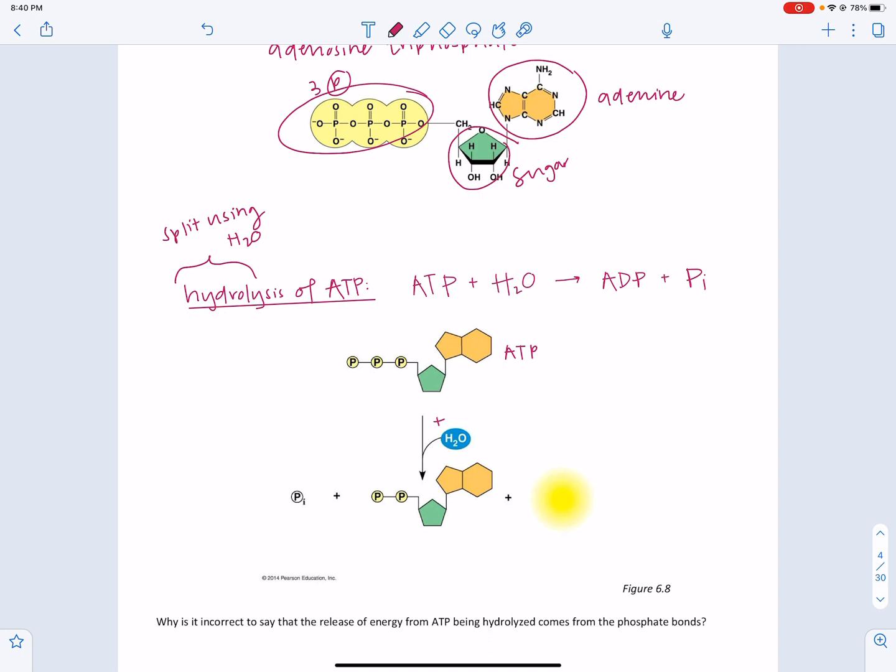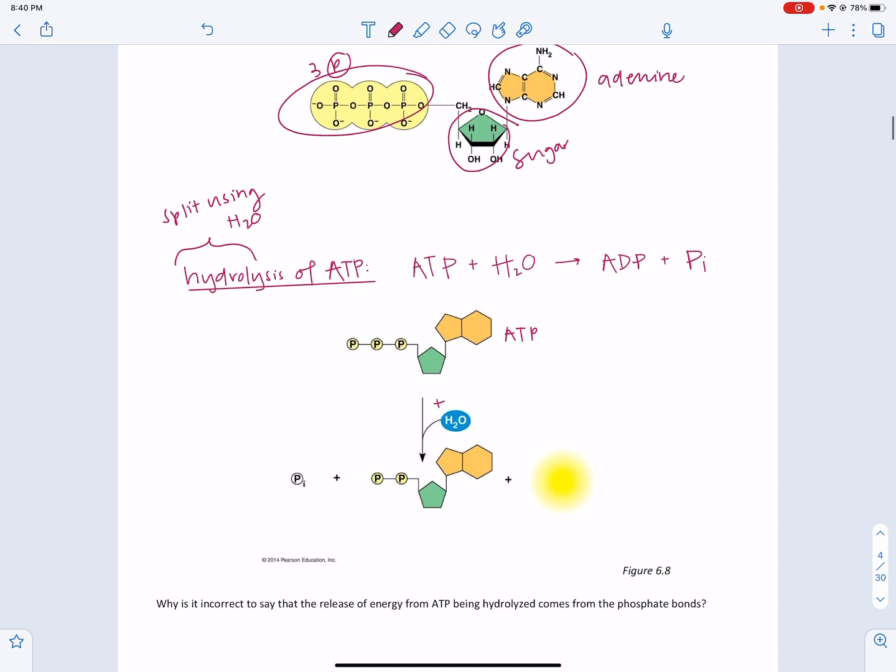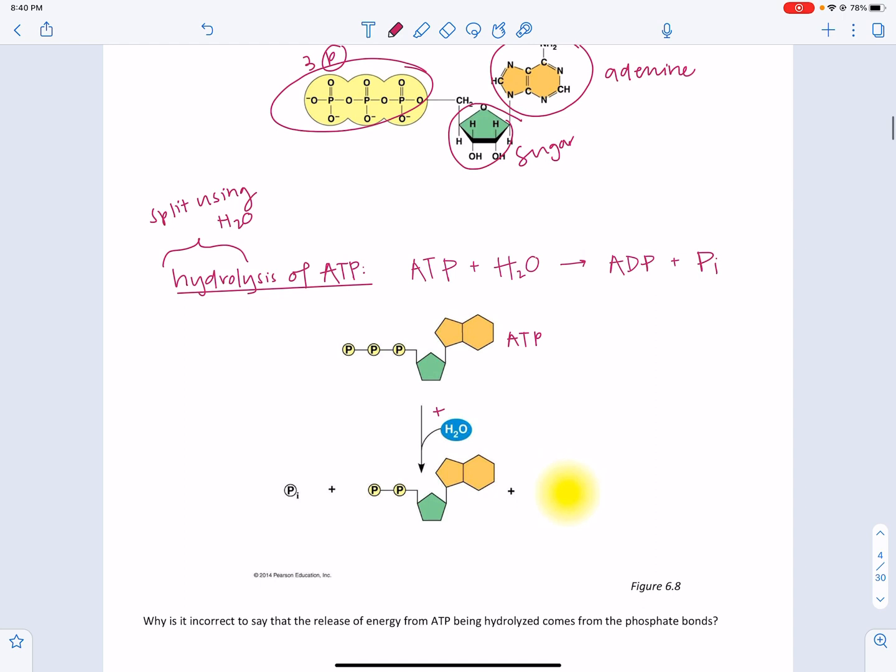When we take ATP and add water, it forms ADP, or adenosine diphosphate, and an inorganic phosphate molecule. This process releases a ton of energy. If you just added ATP to water in a test tube, that energy would be released as heat, and the test tube would get really warm in your hand.